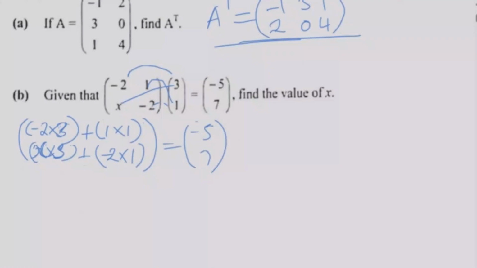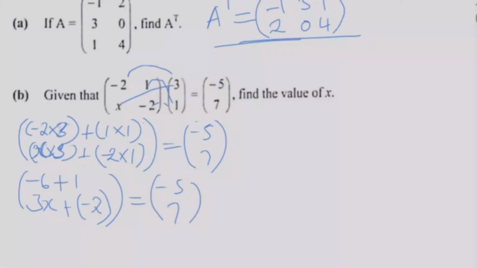Once we do that, the next thing is to evaluate what is in the bracket. Negative 2 times 3 gives negative 6, plus 1 times 1 gives 1, then x times 3 gives 3x, plus negative 2 times 1 gives negative 2, which is equal to negative 5, 7.